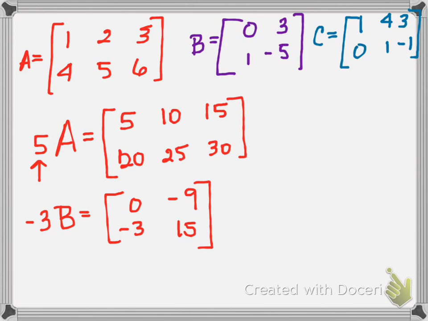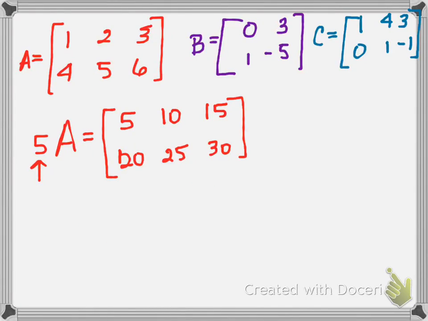And I could also combine scalar multiplication and addition. In this way, I could combine scalar multiplication and addition and get what's called a linear combination of matrices.